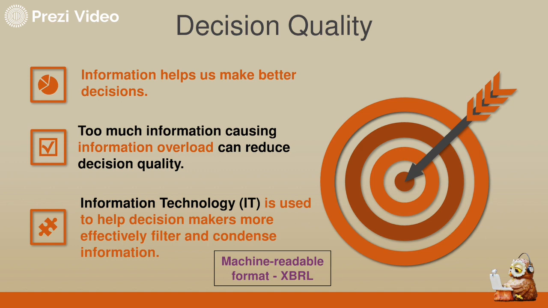When the data has been organized, stored, and analyzed, we can use the information to make a better decision. But too much information can also cause information overload, and it can reduce decision quality.